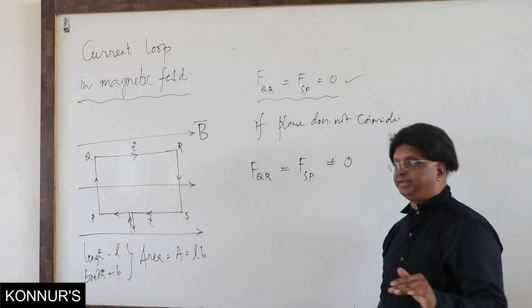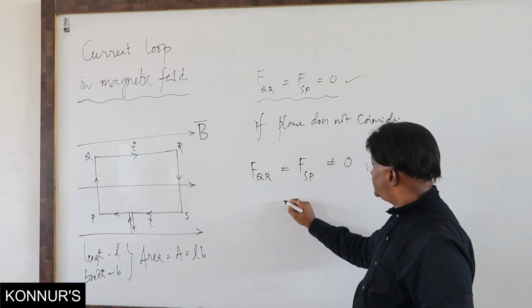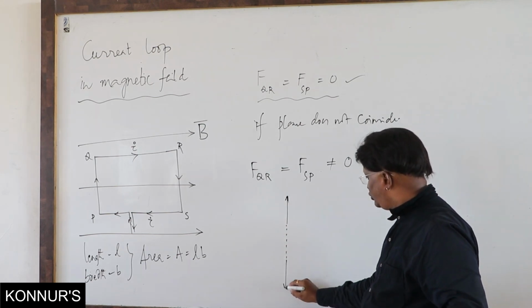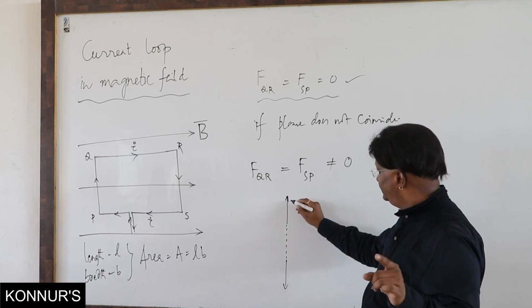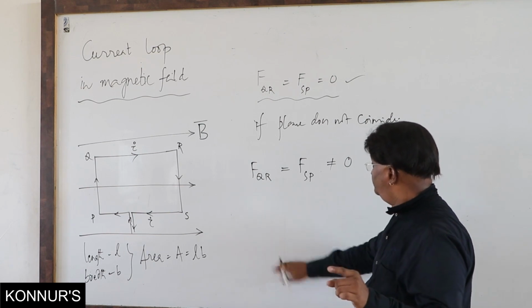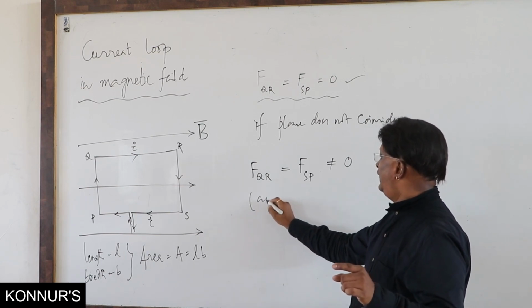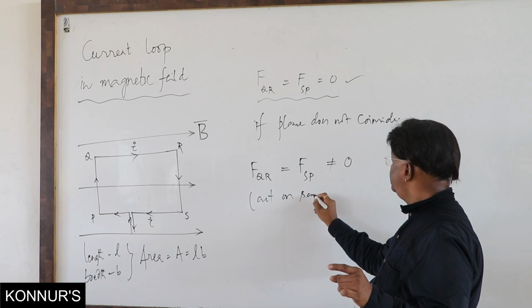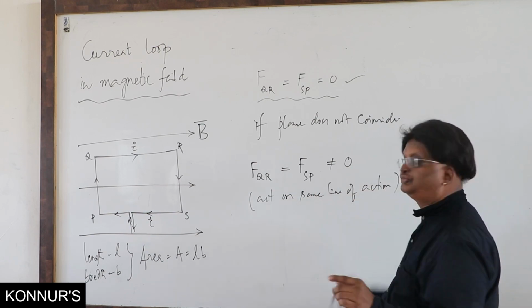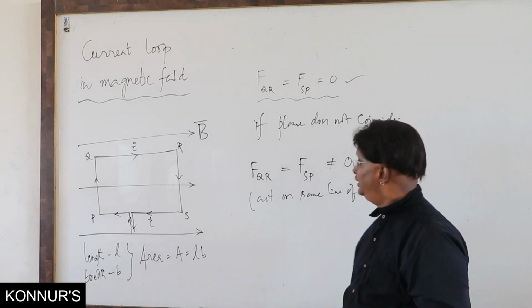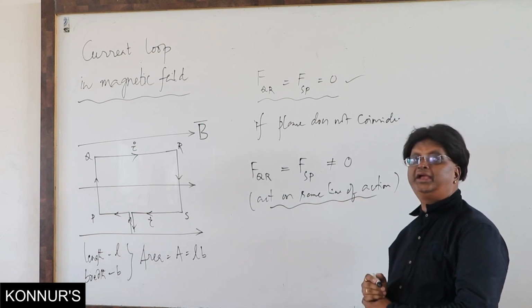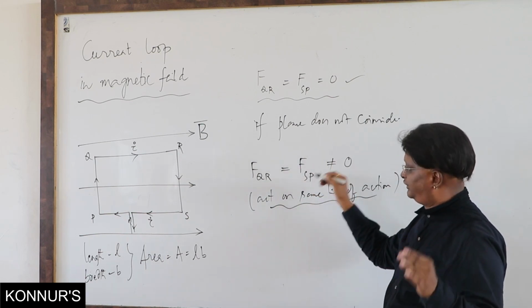Second point is that these F_QR and F_SP will act as equal, opposite, along the same line of action. So both are non-zero but act on the same line of action. Same line of action means net force is 0, right? So though zero or non-zero, they don't give rise to net force; for both of them it is 0.